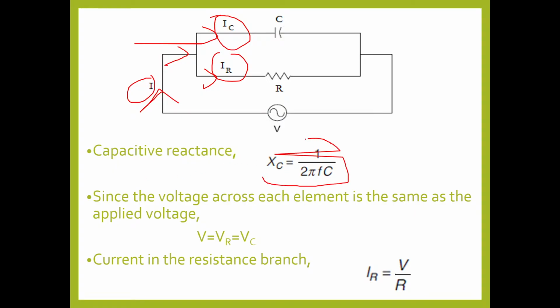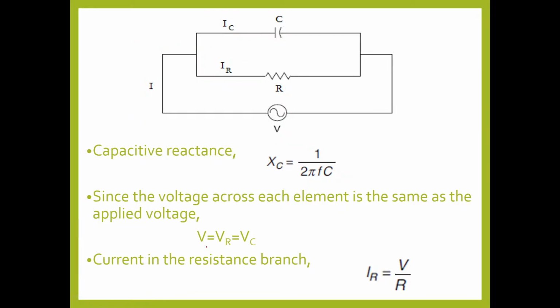XC is equal to 1 by omega C. Omega is nothing but 2 pi f.